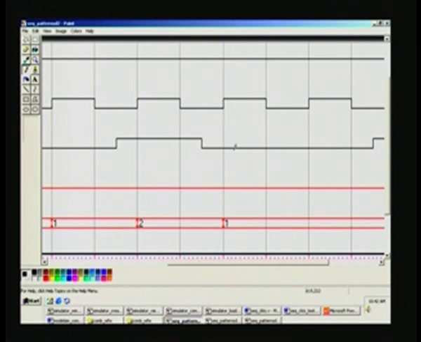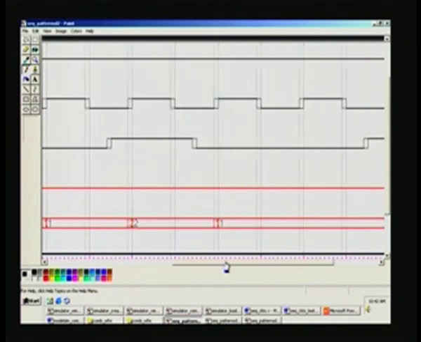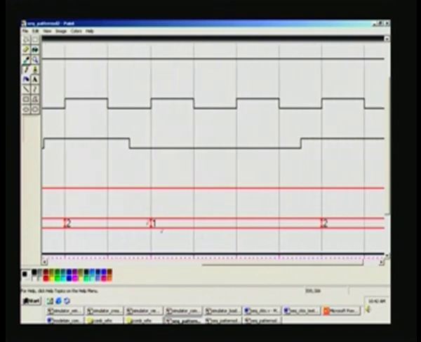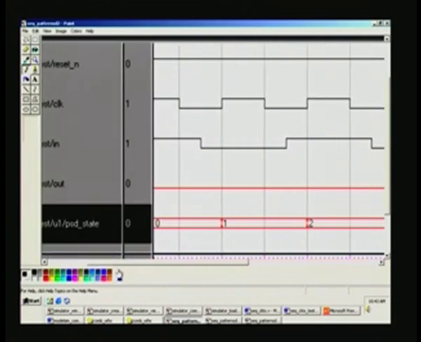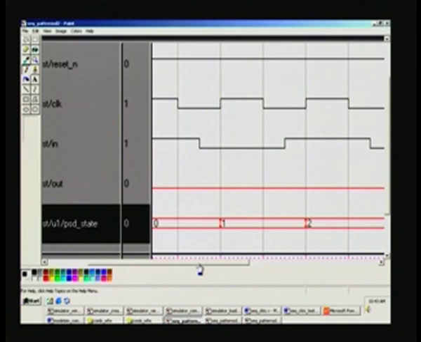Input is 0. I think the input is sensed at the positive edge of the clock, as well as the output changes simultaneously, immediately. No, the output remains constant 0. We have not encountered 0, 1, 1, 0 at all.